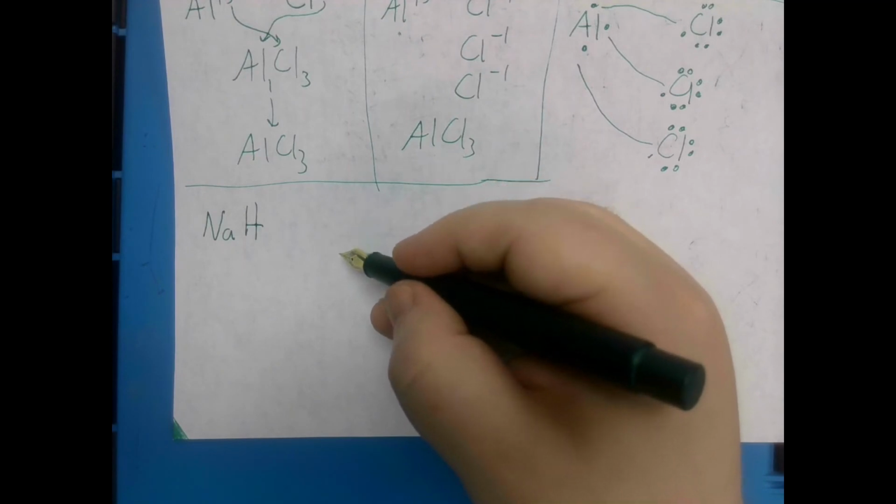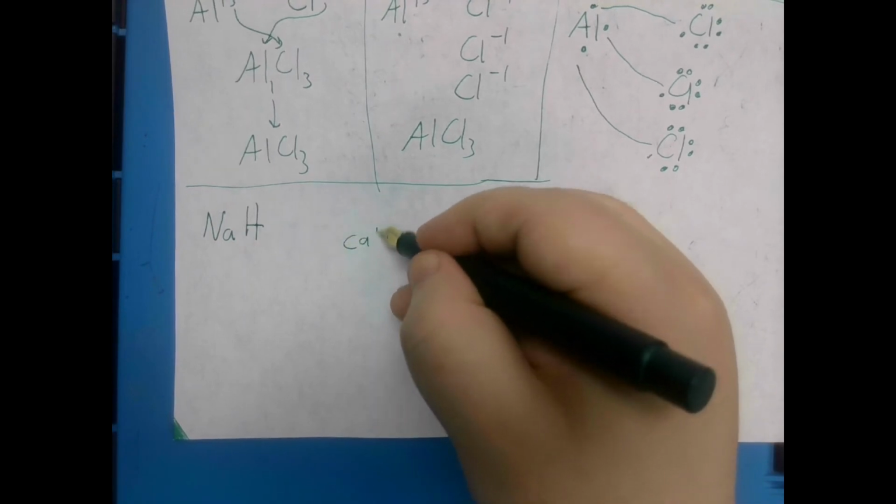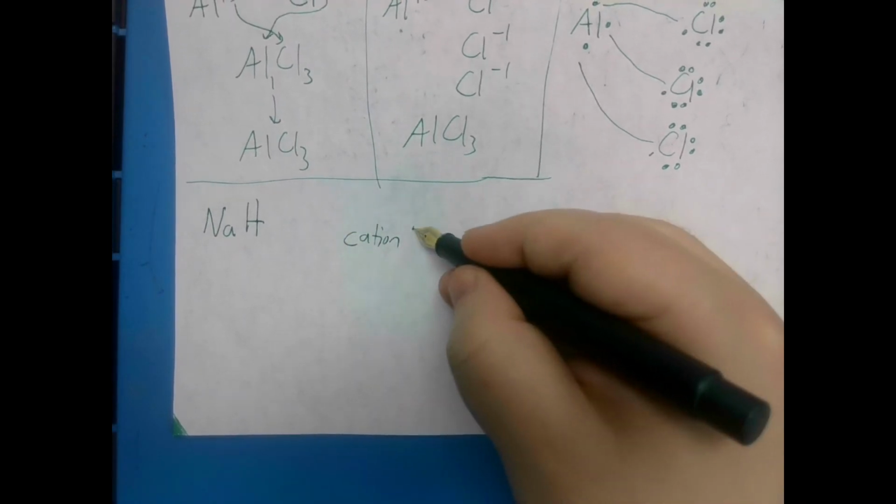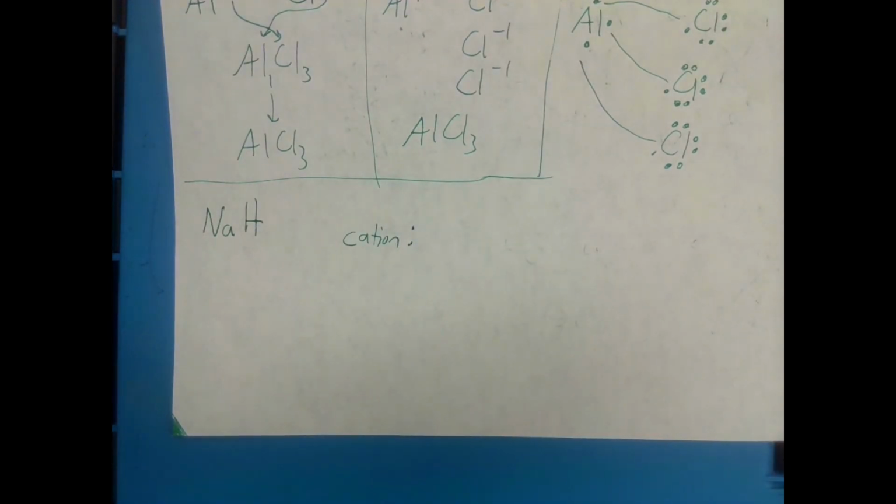No, it's an element or a molecule that has a charge. So where are the two ions? Where's the cation? I told you how to remember which one's positive and which one's negative.